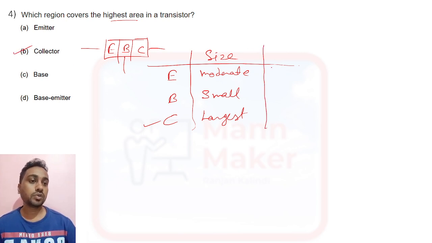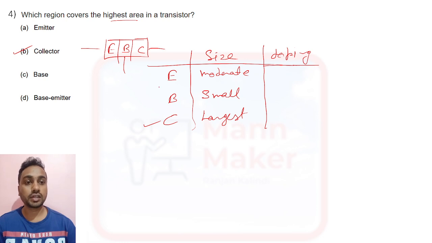And here some more questions will come about doping. Sometimes they will ask what the doping of the emitter is, or they will ask which is the highly doped region in a transistor.